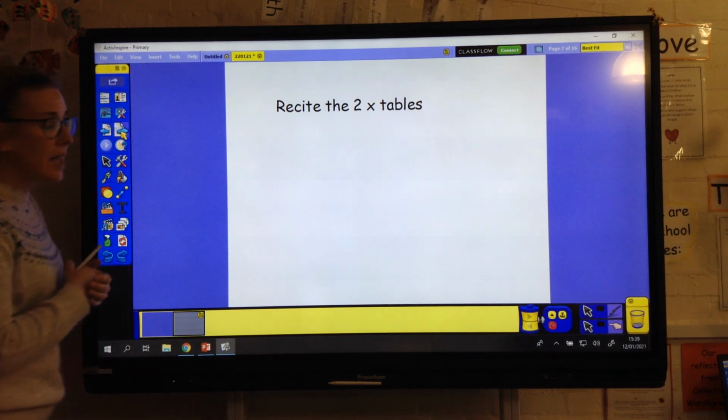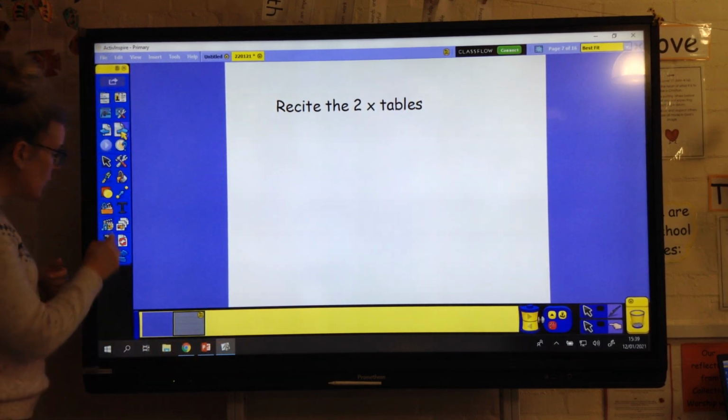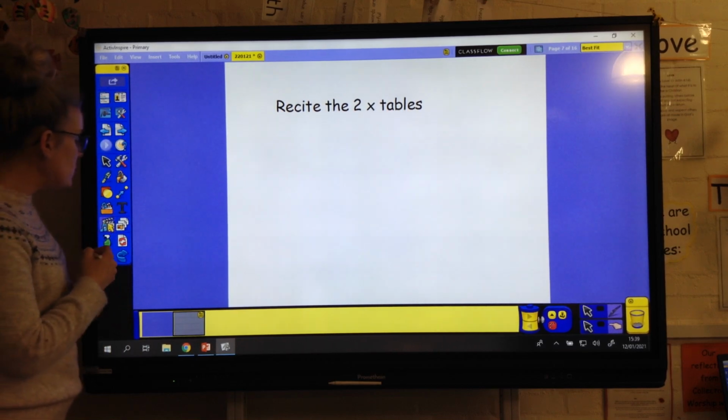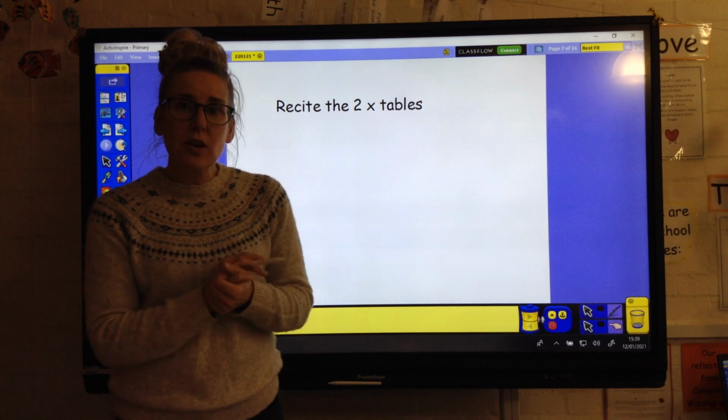Have a go at reciting the 2 times tables. So we should be getting pretty good at knowing some of these 2 times tables. So have a go at reciting them.